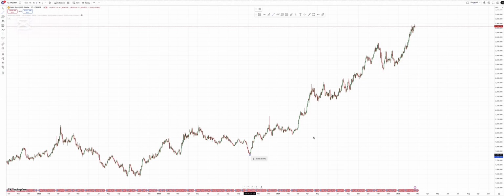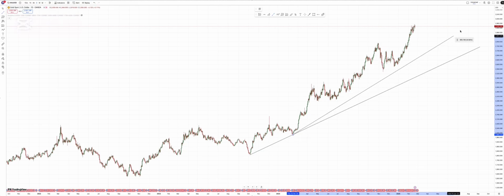Let's start here. This is the trend origin for this uptrend. If you want to correct your own trend line, you might want to correct it with mine. This is a very good trend line here.